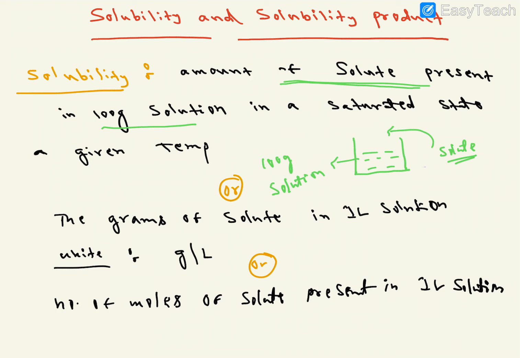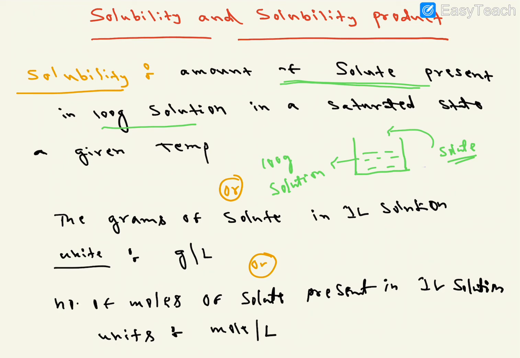I hope it is clear. So what are the units here? Number of moles per liter. So we can also write moles and liter inverse. So solubility can be taken as grams per liter or moles per liter. So these are the units of solubility. I hope it is clear.